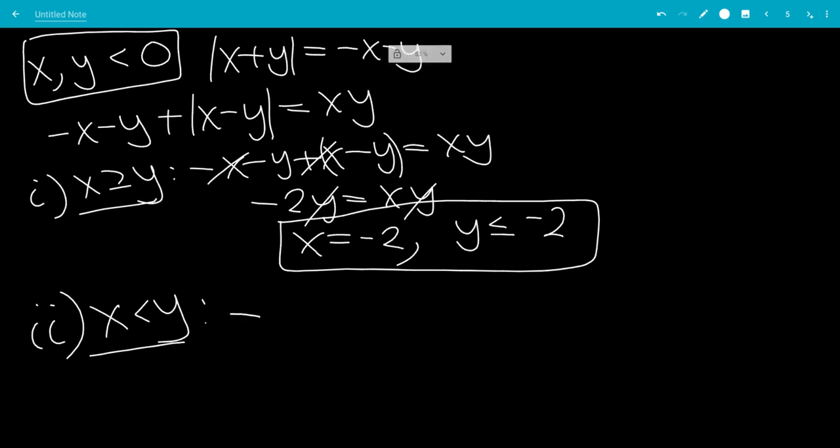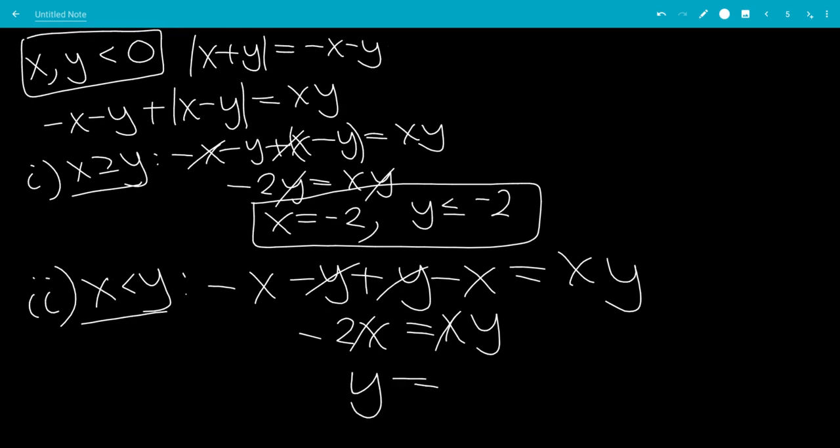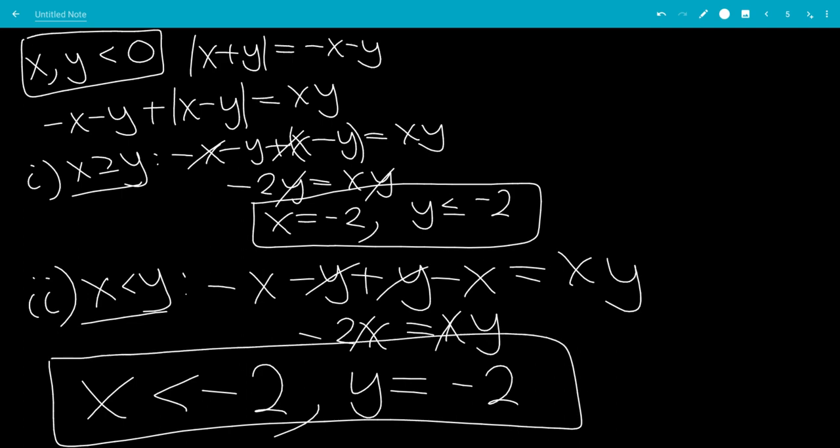We have negative x minus y plus, again, this turns into y minus x, equals xy. Negative y and y cancel, and you get negative 2x equals xy. X is not equal to 0, leaving y equals negative 2. We know that x is less than y, which is negative 2, so x is less than negative 2 and y equals negative 2. That is our last solution.